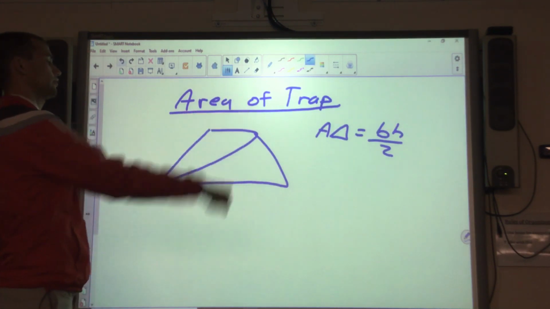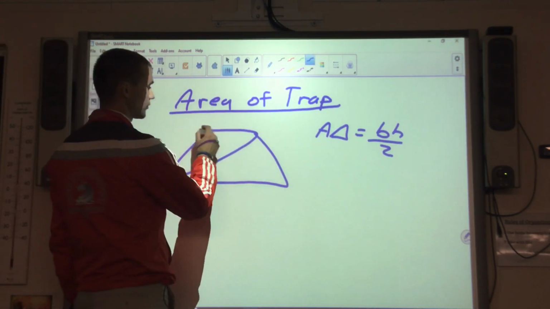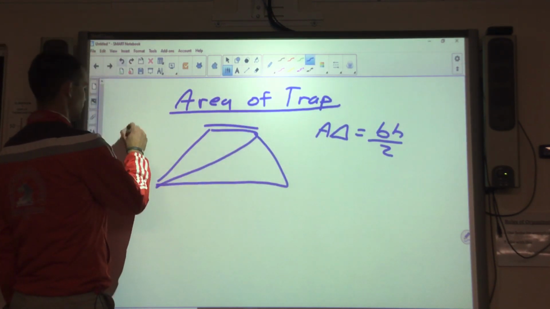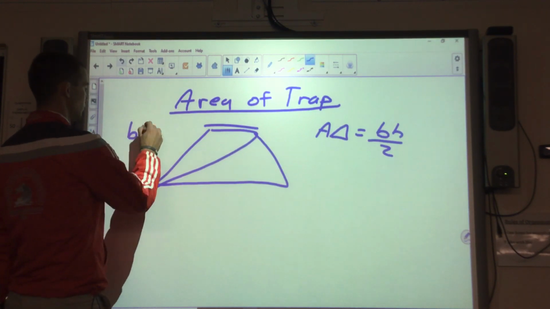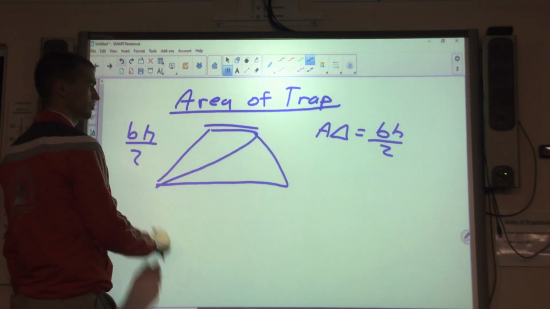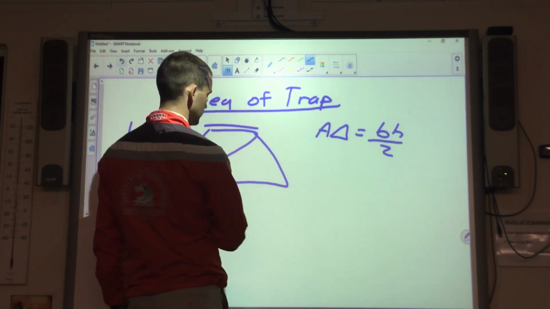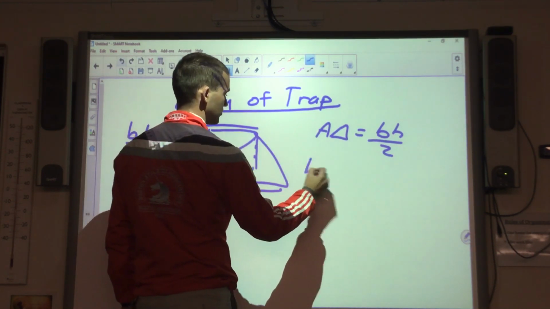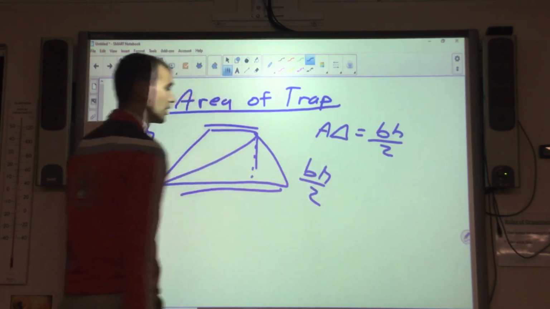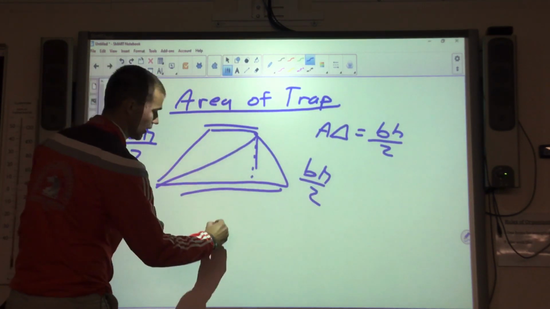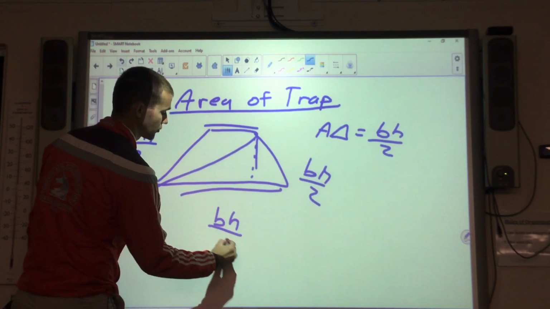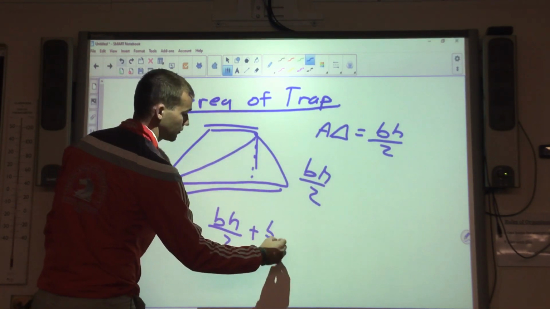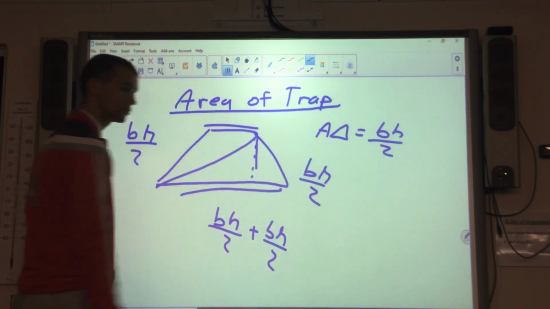You've got this one, base times the height over 2, and this one, base times the height over 2. And then you would add the 2 of them together. So you've got base times height over 2 plus base times height over 2.